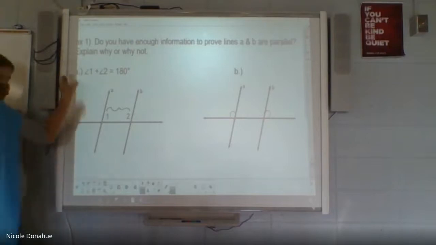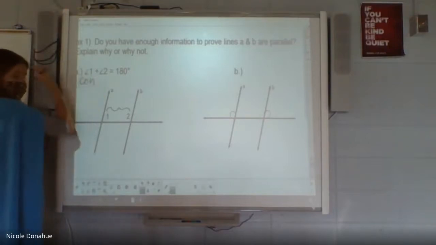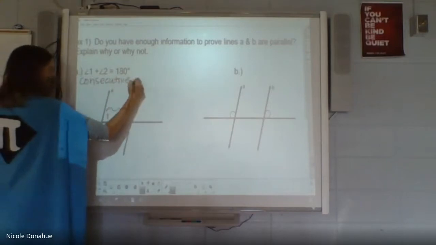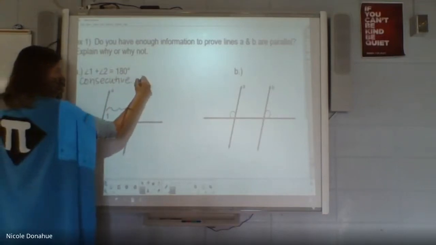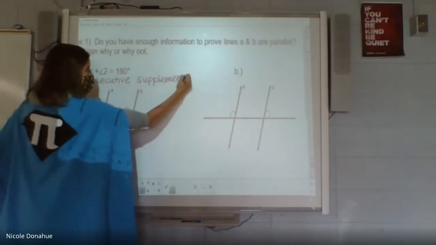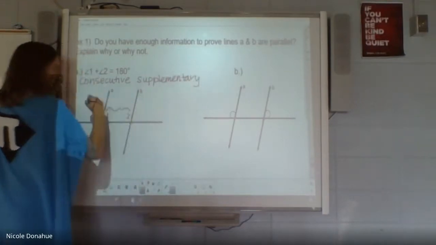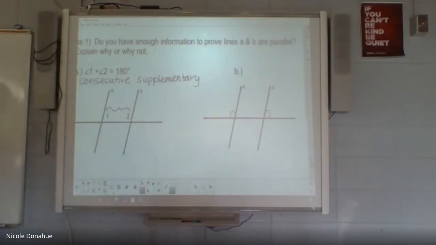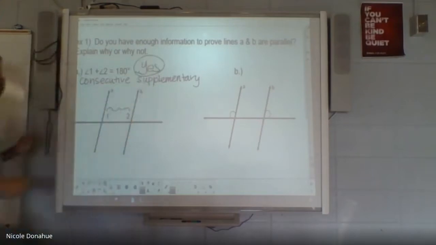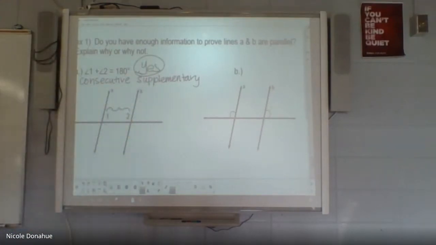We have consecutive angles, which is almost like corresponding, that are supplementary. So since we have that, that proves that those lines are parallel. So consecutive angles that are supplementary proves those lines are parallel. So this would be yes.